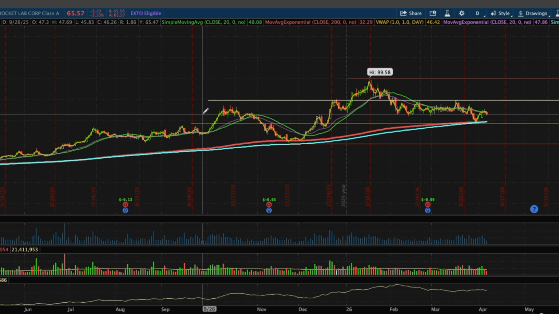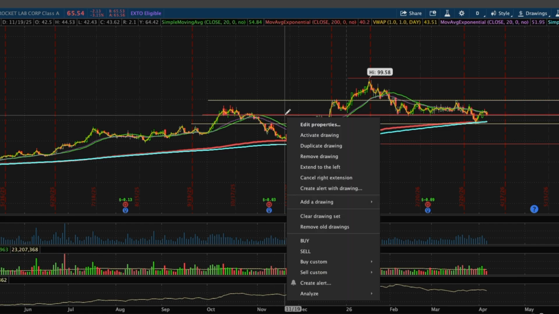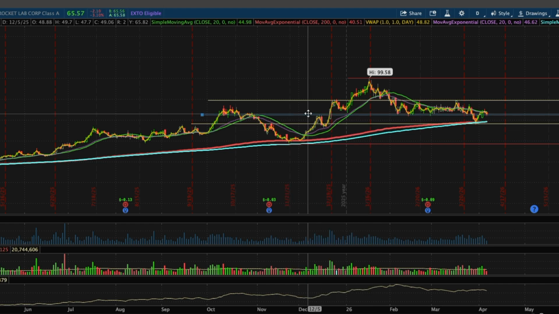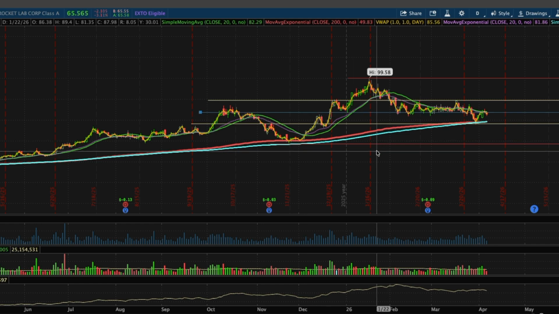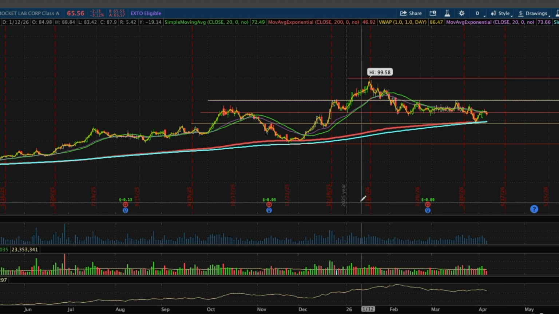So you really could take this right now and line this right here and say, okay, there's another. You should just set it in the middle of the two, somewhere like that. So that's really your pivot area.